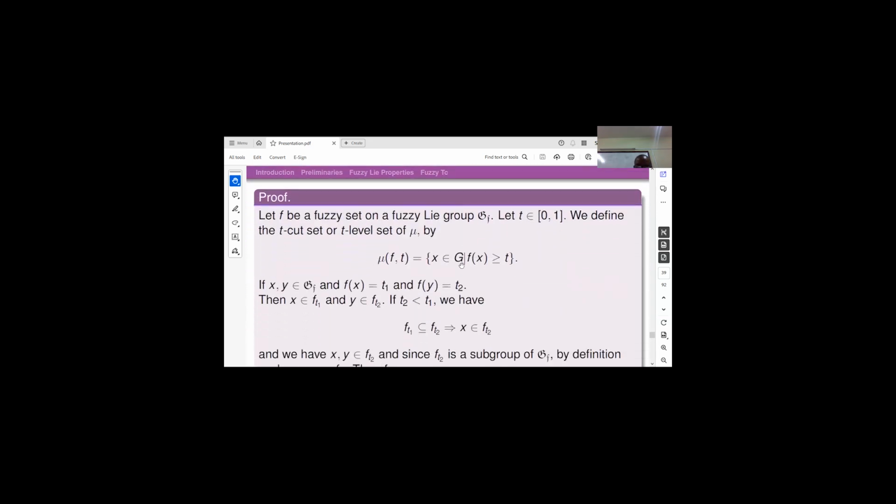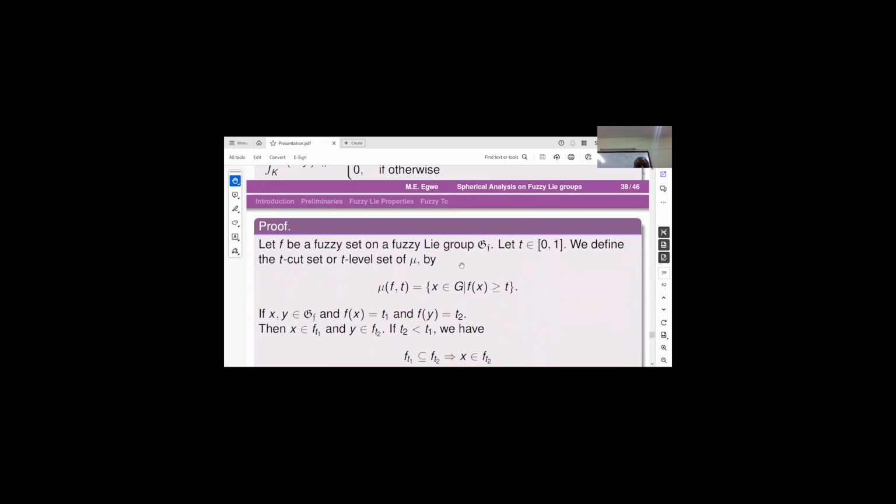If we say that every function here is bi-invariant, then F is a spherical function on Fg, with F being mapped from here to C, where this is where F maps to. And so our proof is not as straightforward.